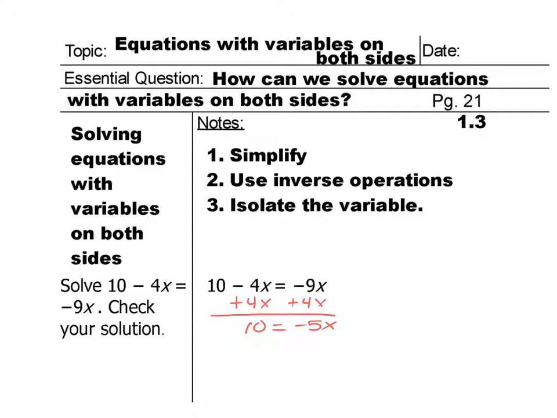And so, when I do that, I get 10 equals negative 5x. Then, of course, I divide by negative 5. I want the x to come first, so I get x equals negative 2. And that's my answer. So again, nothing too new. I'll give you some time to finish writing.